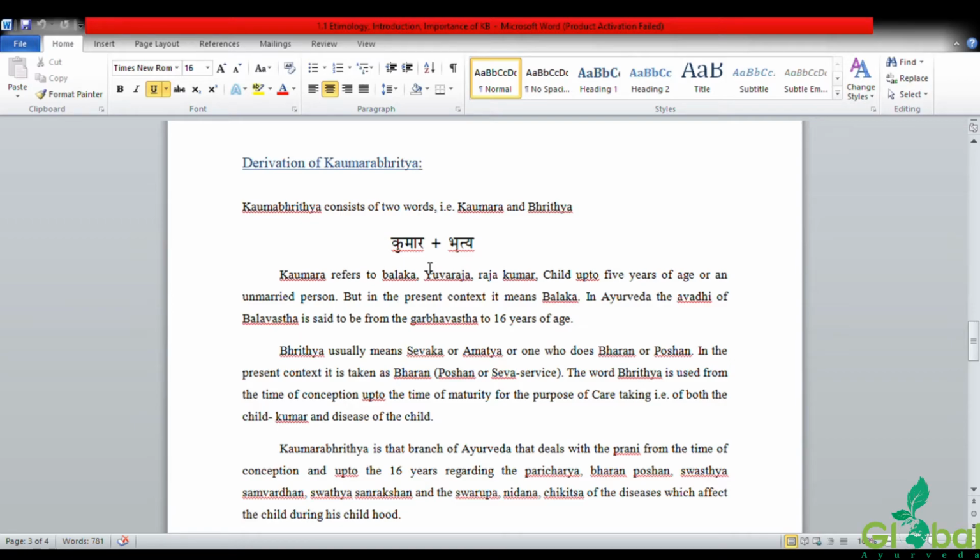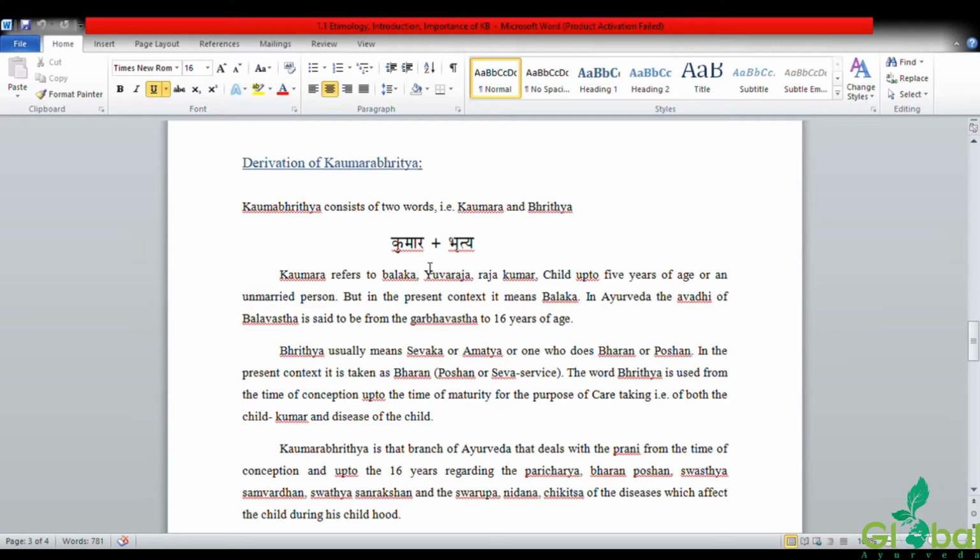Bhrutya means Sevaka or Amatya, or one who does Varana or Poshana. So in the present context it is taken as Varana, Poshana or Seva. It can be considered as service.